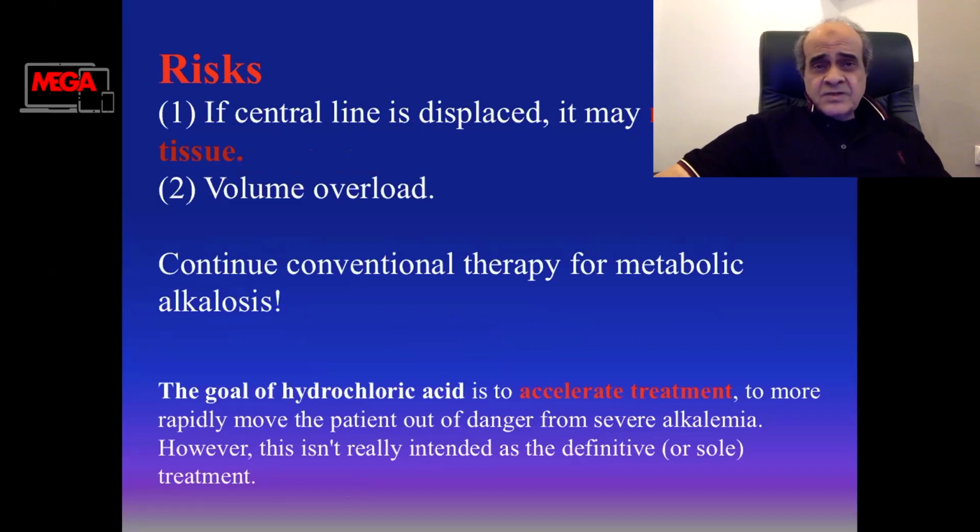A risk, of course, if it extravasates, will cause necrosis of tissue and will cause volume overload, but we have to use it in certain situations, as I said, in severe arrhythmia or in some sort of CNS problems.